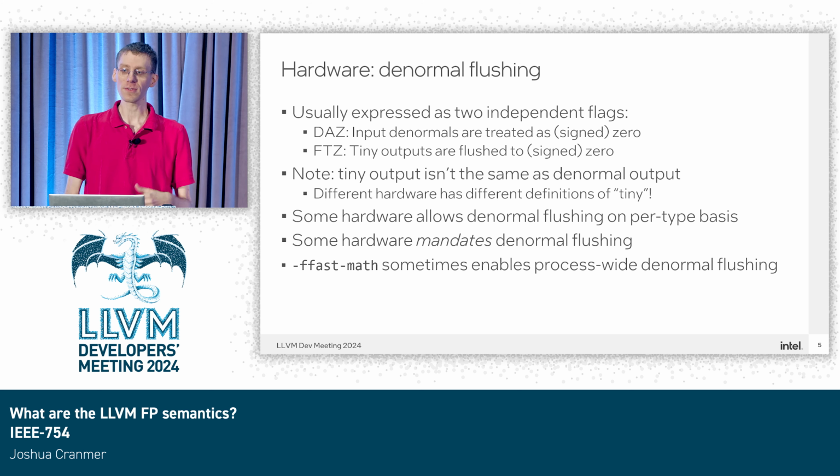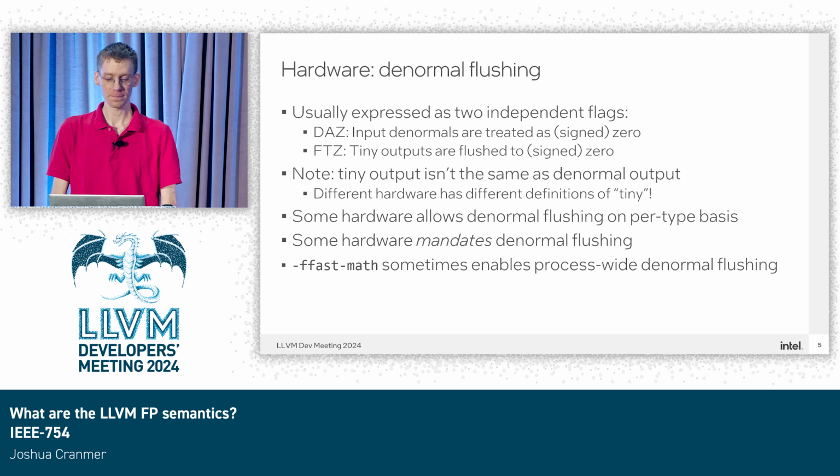And you also have the flush-to-0 bit, which says that if the result of an operation is tiny, it should be flushed to a signed 0. I do want to make a note here that there is a difference between a tiny result and a denormal result. There are actually a few cases where the result is a normal value in floating point, and yet it will still get flushed to 0 when you turn on flush-to-0.